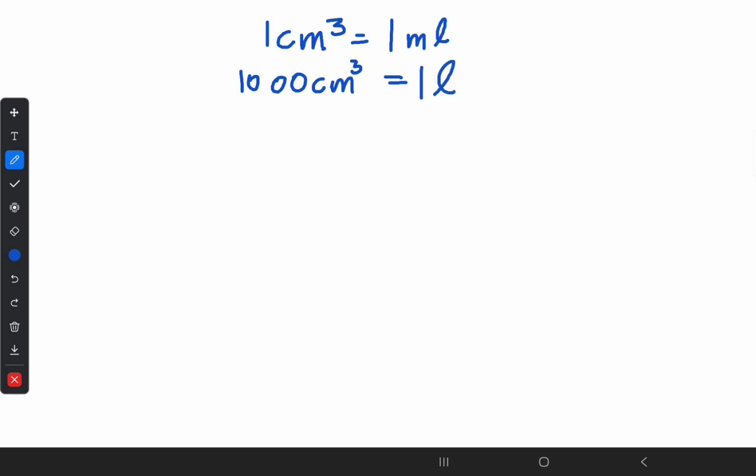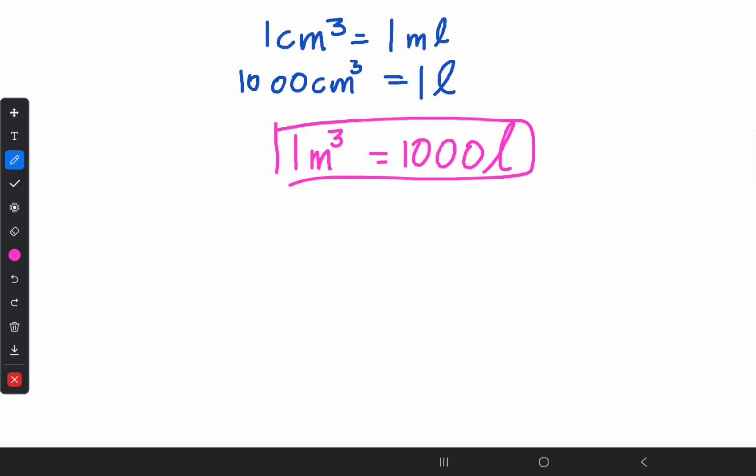Likewise, the third relationship differs from these two. It is 1 cubic meter equals 1000 liters. Not only 1 liter, not only 100 liters. This is 1000 liters. This is the new one we are going to apply for further calculations.